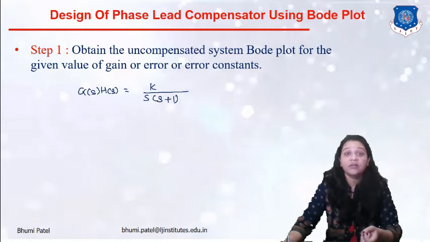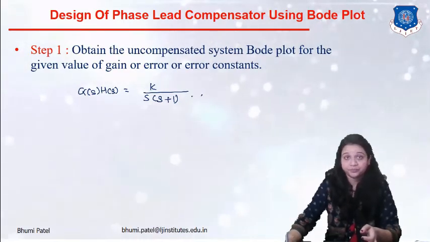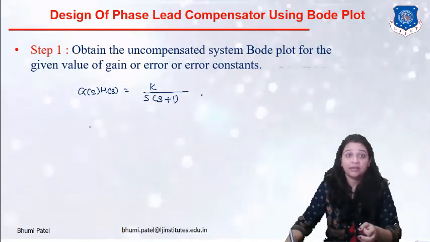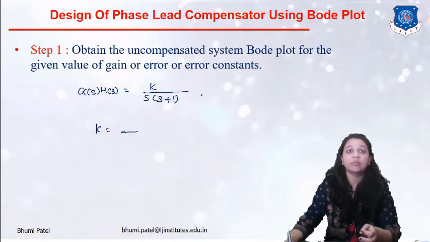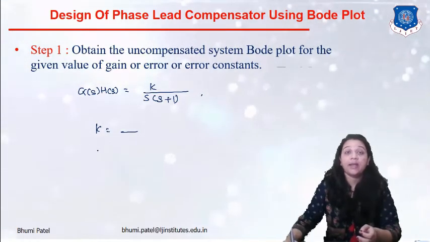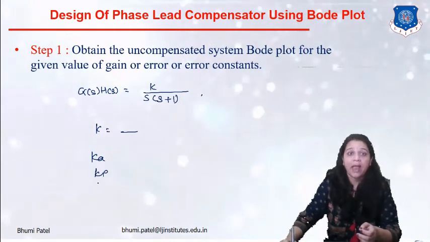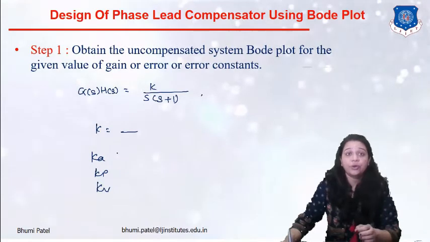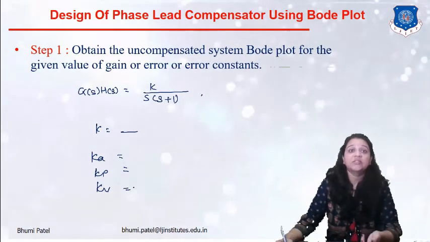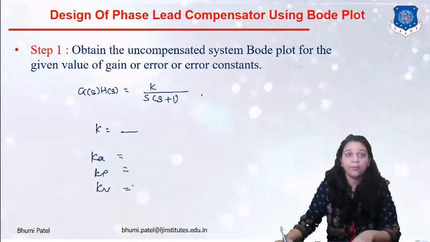Whenever we design the uncompensated system, in the problem the value of the gain is given, like K is equal to something. The value of the error constant, Ka, Kp and Kv, is also given. Using this value we have to obtain the uncompensated system Bode plot.